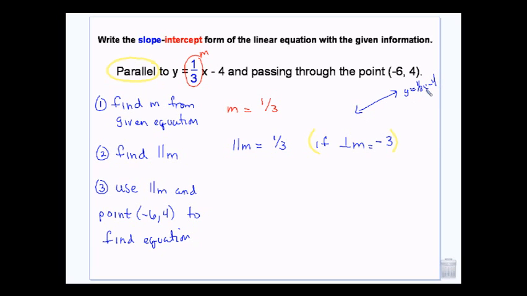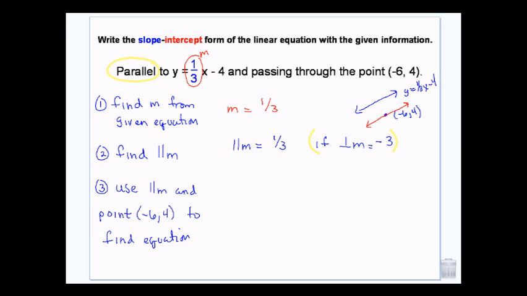It exists out in some coordinate plane somewhere. And then there's some point, let's just do the same, negative 6, 4, that exists out in the world somewhere. We're going to try to find that line that goes through the point and runs parallel to the line that was already there. That's all we're doing, is trying to find this red line.